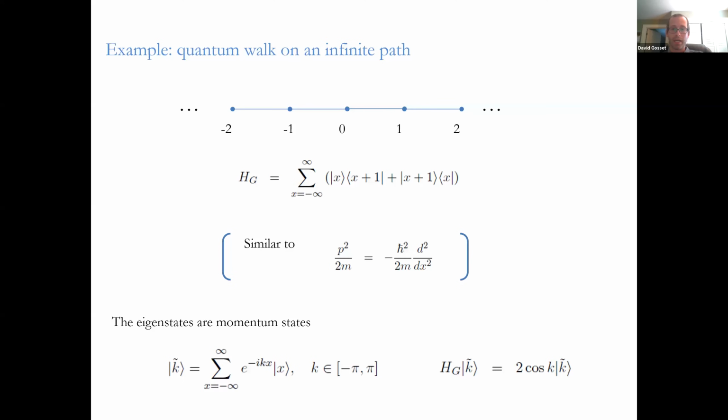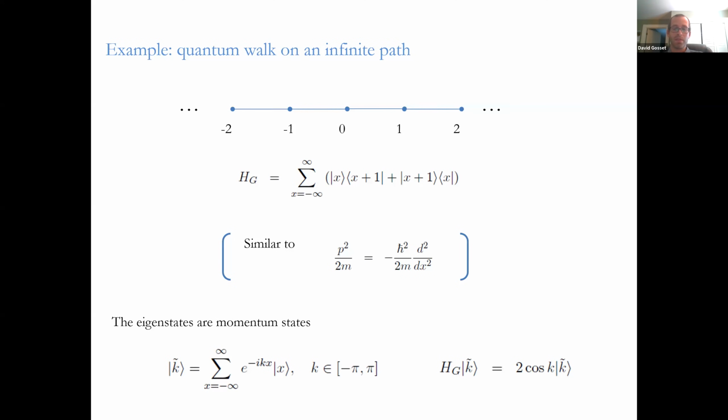You could, if you like, think about this as being some kind of discretization of a free particle in 1 dimension, if you're familiar with examples that are studied, for example, in quantum mechanics. But that's a parenthetical remark, and it's not intended to make any kind of precise statement.